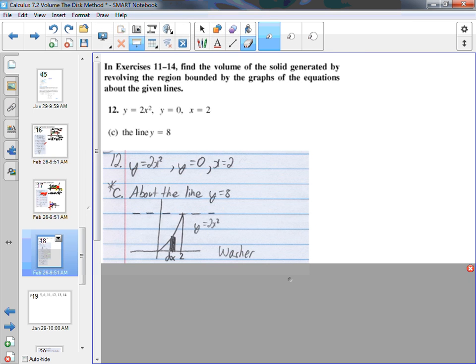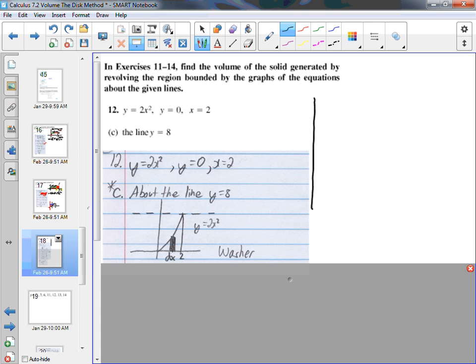All right. Last example for today. Number 12, part C. All right, we've got y equals 2x squared, y equals 0, x equals 2. The line y equals 8 is our axis of revolution.